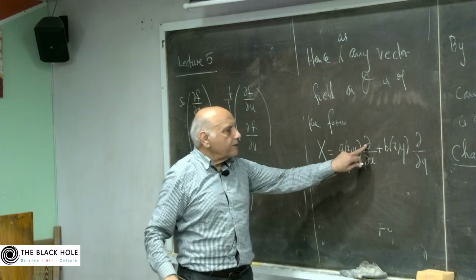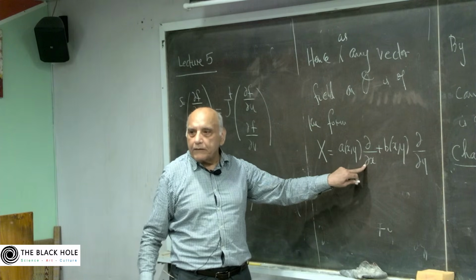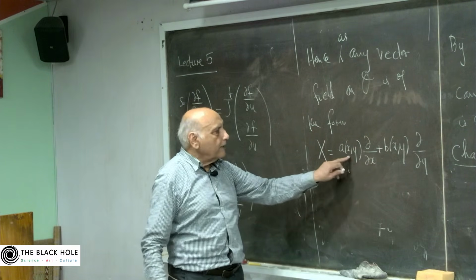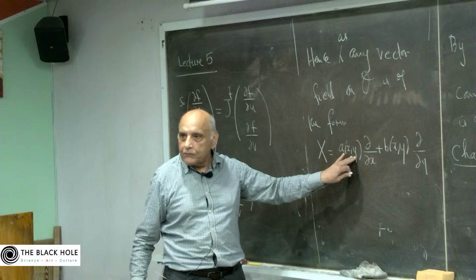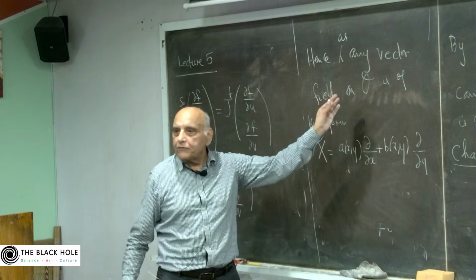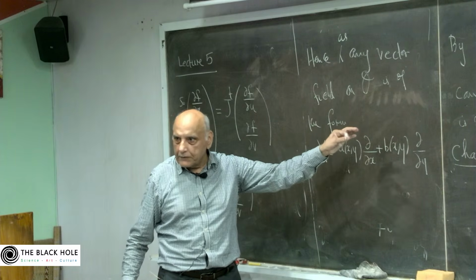I've just shown you that this can be written as a combination of partial u and partial v, and x, y can be written also as functions of u and v, because the transformation to curvilinear coordinates is one to one and onto.